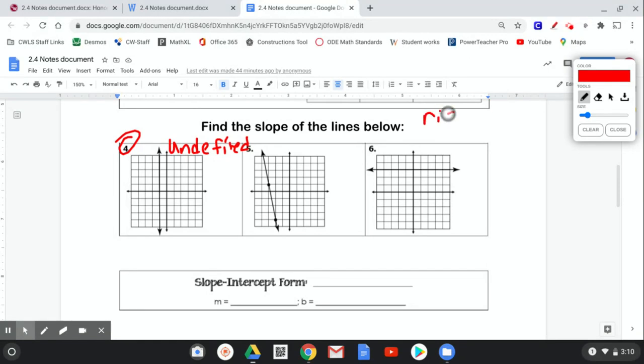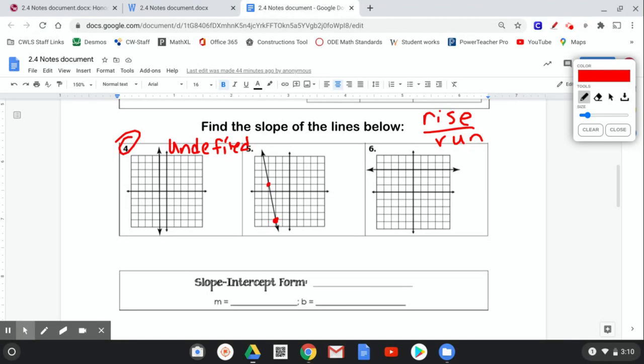Now, if we move on to the second one, slope, we define, hopefully you remember this from Algebra 1, is rise over run, okay? Rise over run. So if we look, and you always run to the right, okay? Because we're going to read from left to right, we're going to start with this point, and then we're going to go down to this point right here.